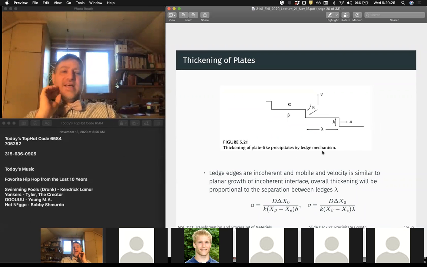Getting quantitative with this is much more difficult in the solid state than it is in solidification because we have to take into account the geometry of diffusion, okay?